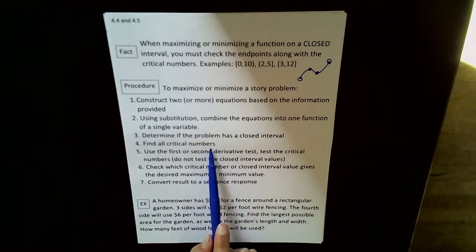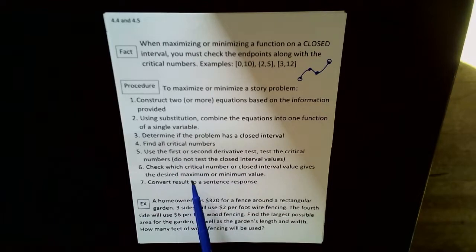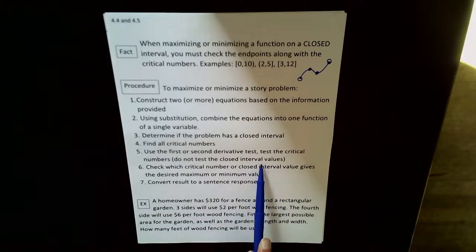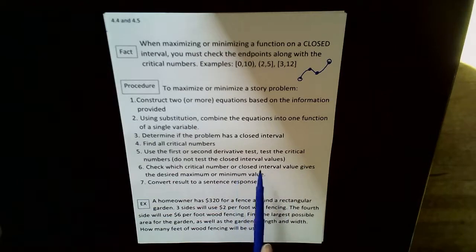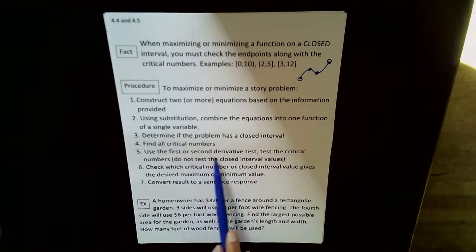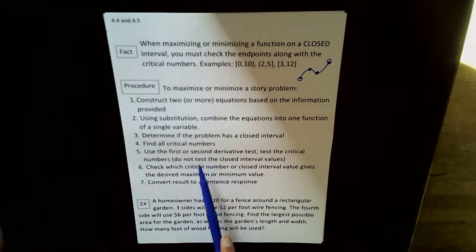And when we find all of them, we will use the first or second derivative test to test the critical numbers. We do not test the closed interval values. Those values are automatically checked at the end to see if they provide the absolute maximum or absolute minimum. They do not need to be proven to work, which is what the first or second derivative test does. It proves whether or not the critical number is worth using.